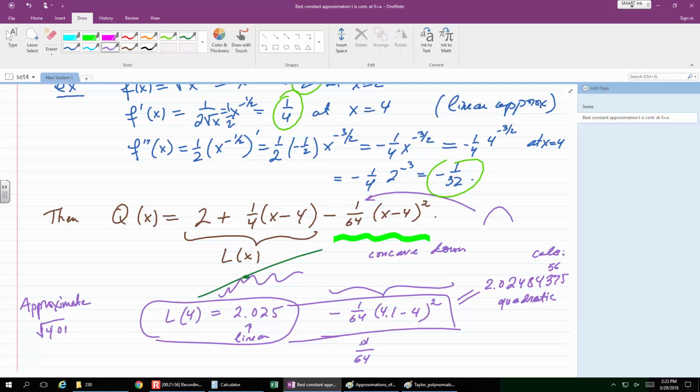But as you can see, the trouble with square root, as we talked about yesterday, is that you cannot compute it in any direct way. All we know about this number is that when squared, it is supposed to produce 4.01. That's all.